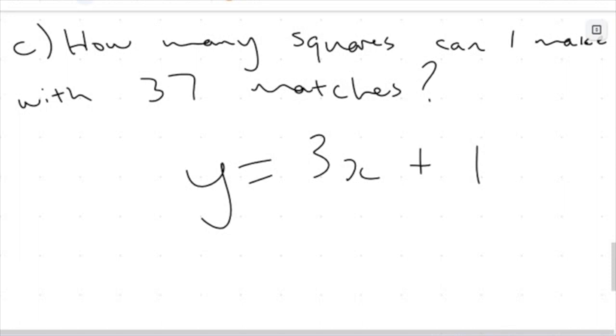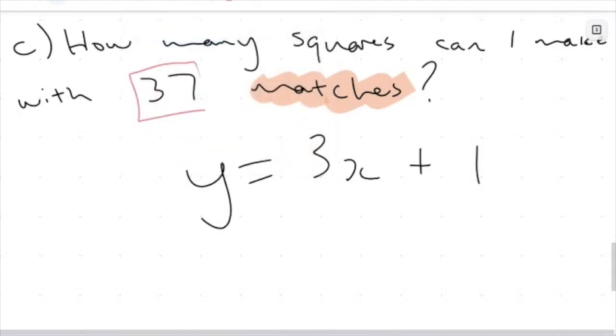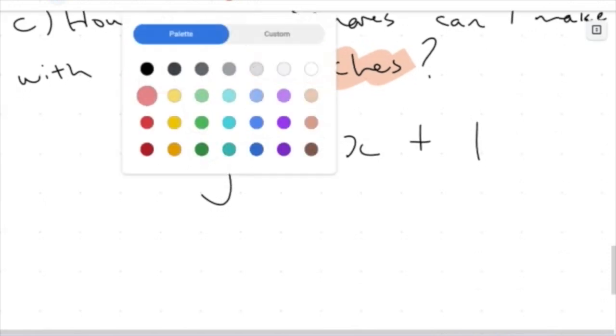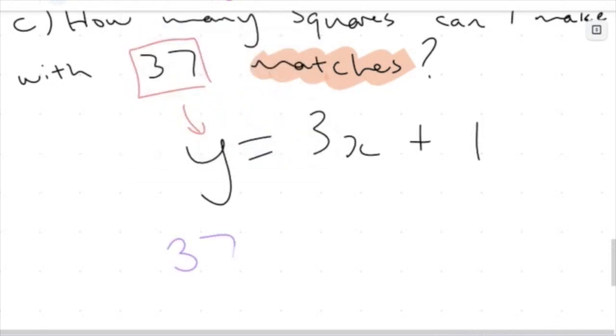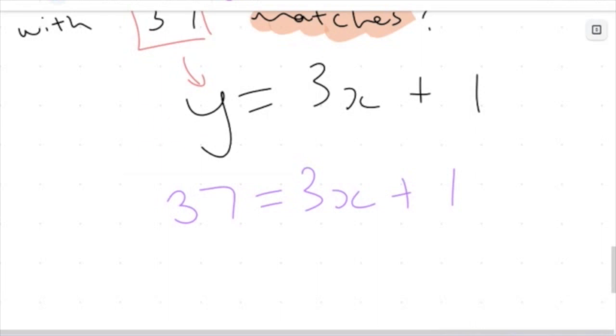Now, here we are looking at 37 matches. So this number 37, I'm substituting that into my y because my x represents my squares. So if I do that, I now have 37 equals 3x plus 1. And I have an equation that I can solve.